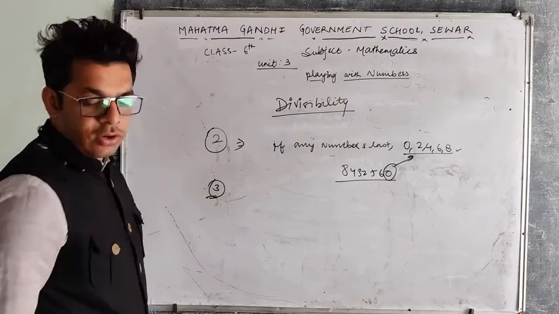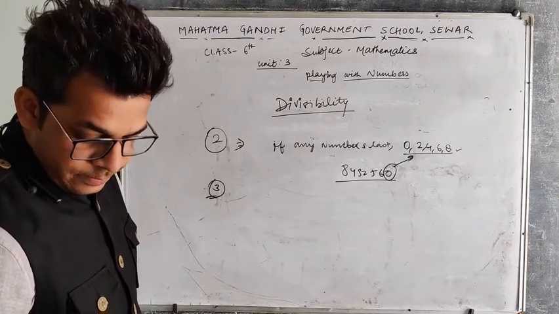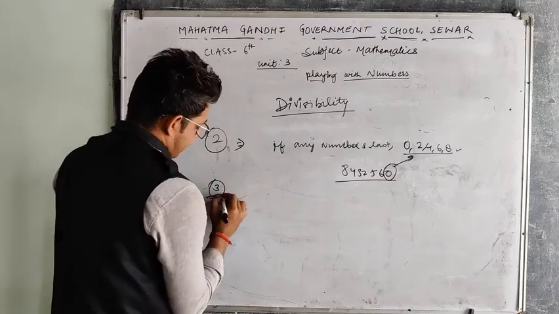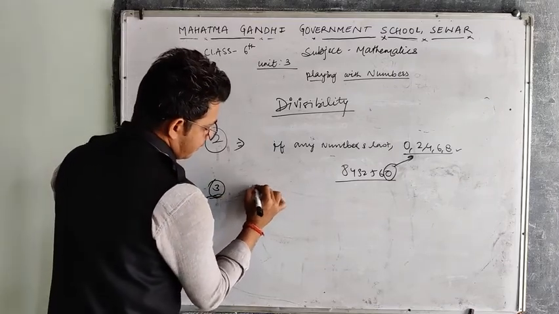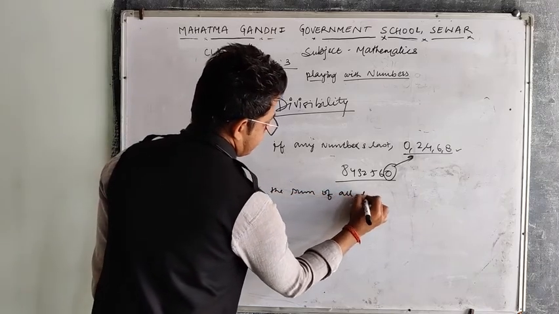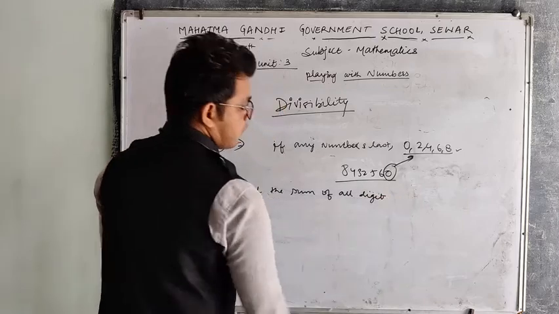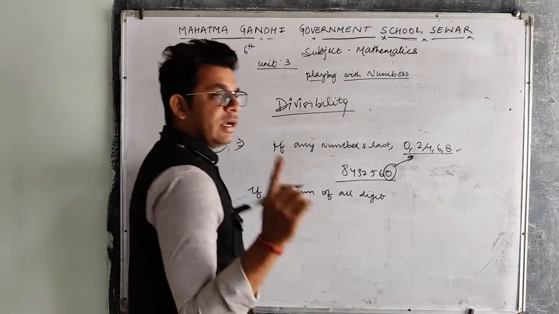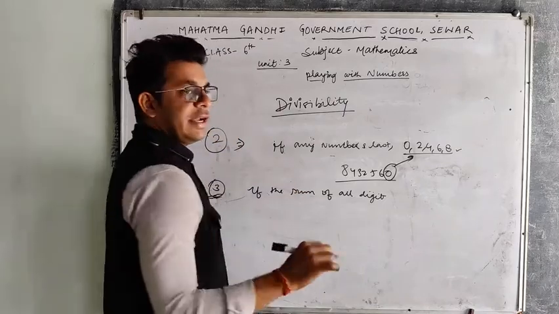Now we will talk about 3. If the sum of all digits is a multiple of 3, it means it is divisible by 3.